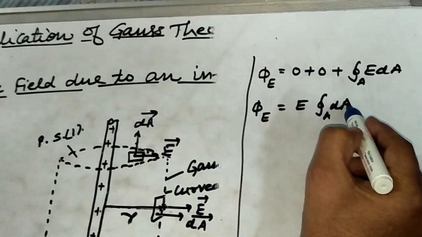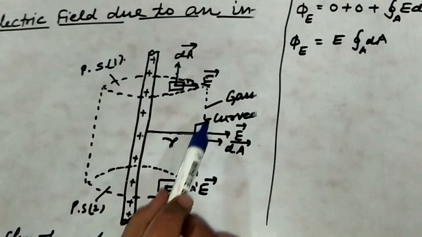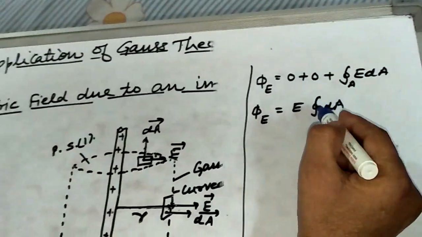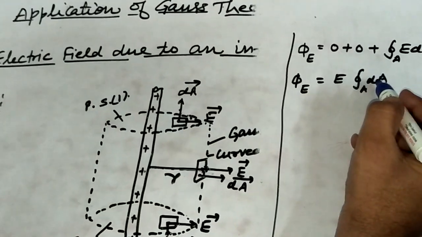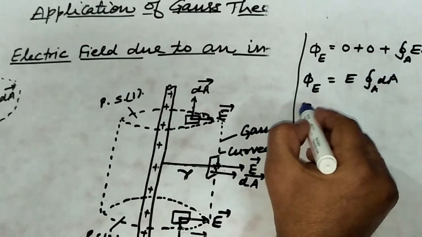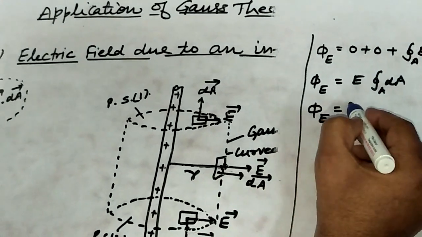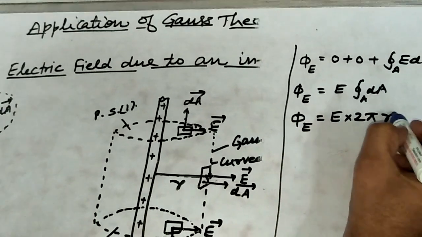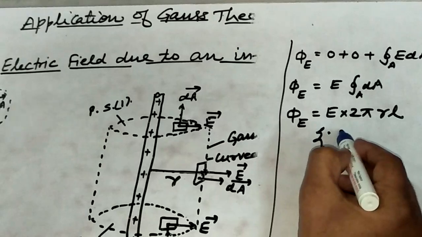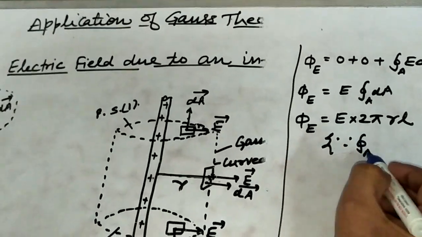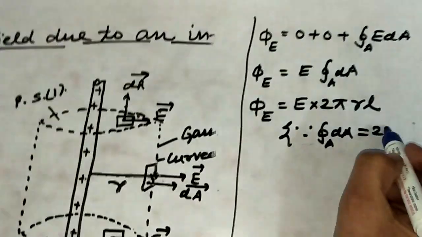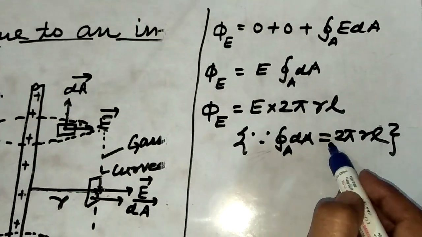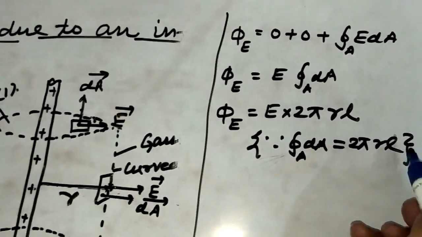But remember this dA is the total curved surface area of the cylinder, and the curved surface area of a cylinder, as you know, is 2 pi RL. So phi E becomes E into 2 pi RL.